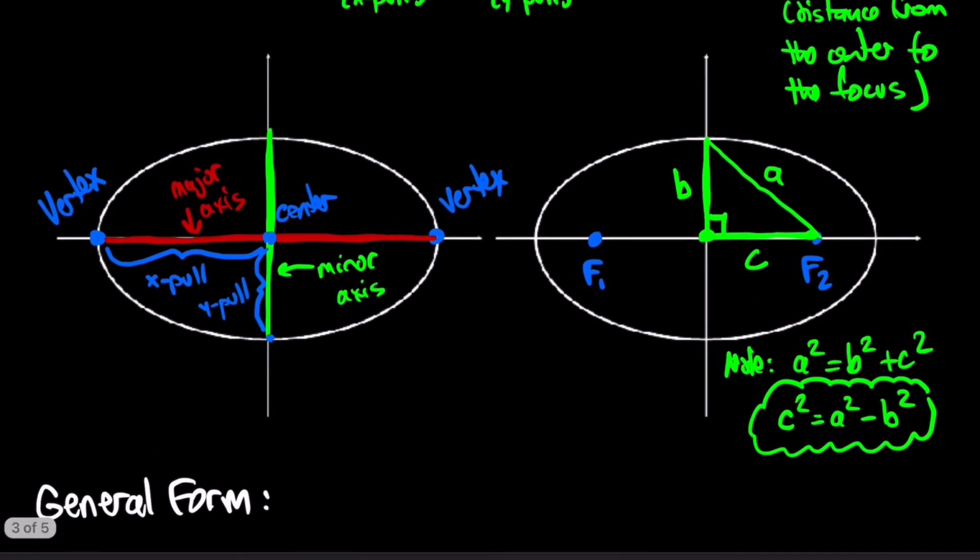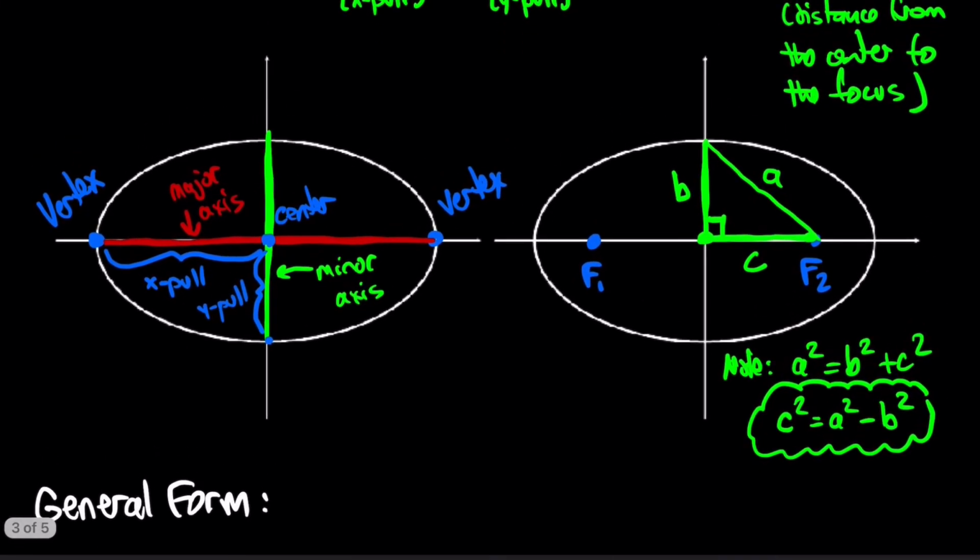Okay, so before I move on, let's talk about general form. How do you know when you're given general form if it's an ellipse versus a circle or hyperbola or parabola? So general form is going to look like this: Ax squared plus by squared plus cx plus dy plus e equals 0.